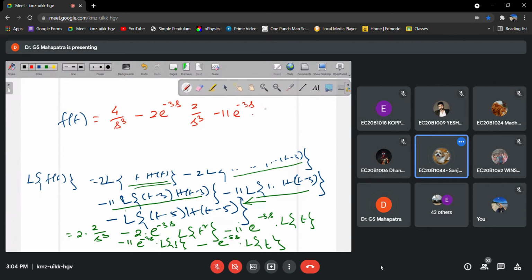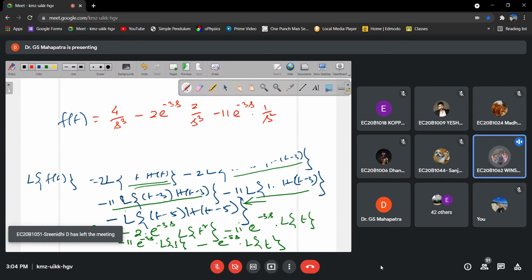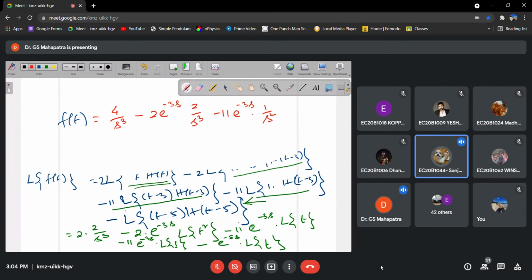Next one is minus 11 e to the power minus 3s into Laplace transform of t. 1 by s square. Yes, sir, s square. And then this one, another term is there, minus 11 e to the power minus 3s into Laplace transform of 1.